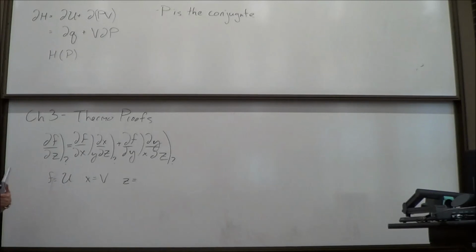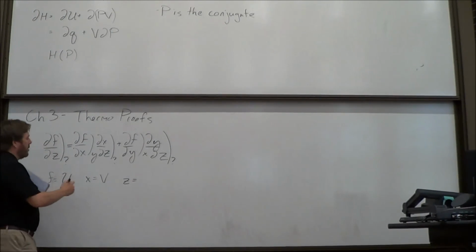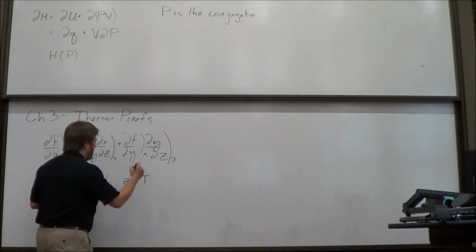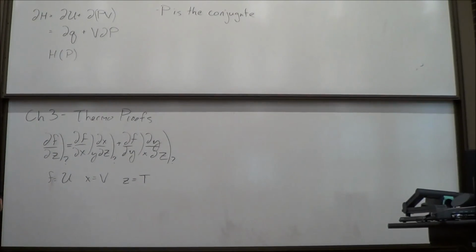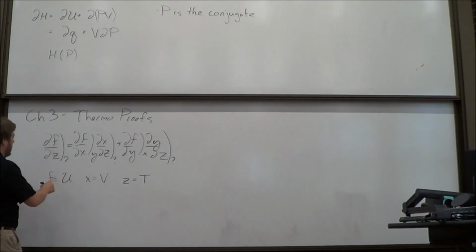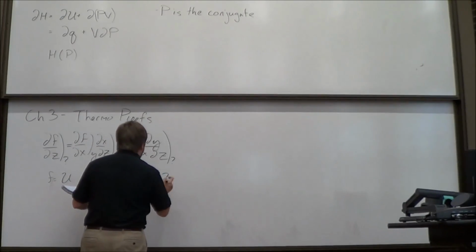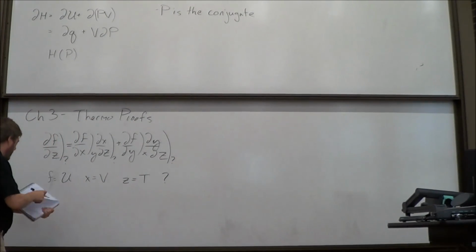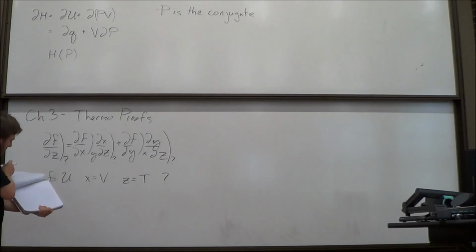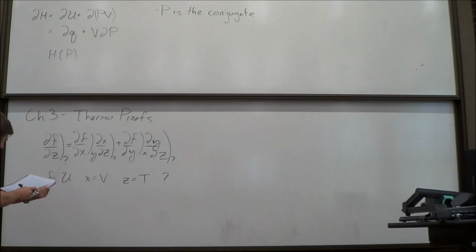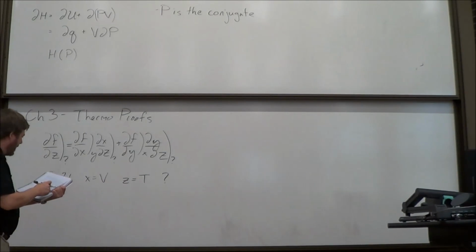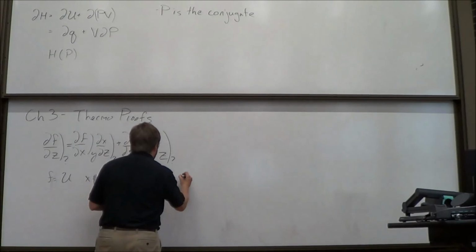We've only really learned about U and a little bit about H, so let's do U. I've asked you how U changes with T, so that's why I've said z equals T. And the thing I decided to hold constant, I've actually run out of letters, by the way, I'm going to hold P constant.